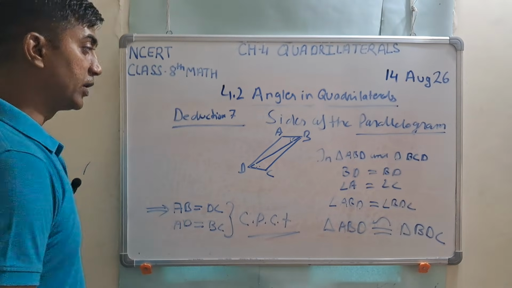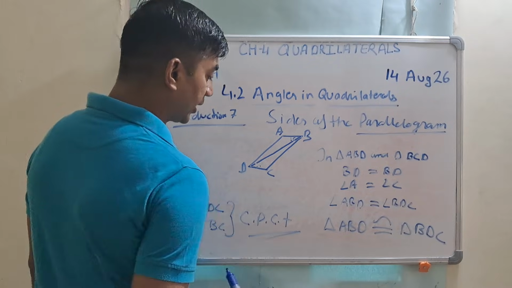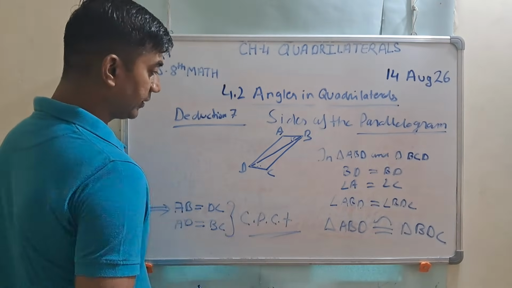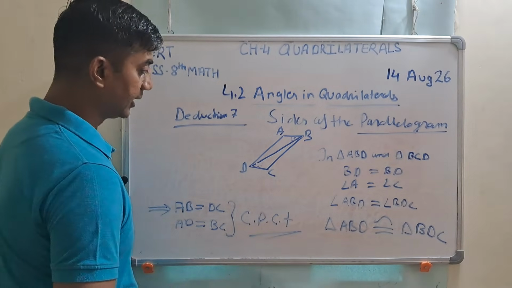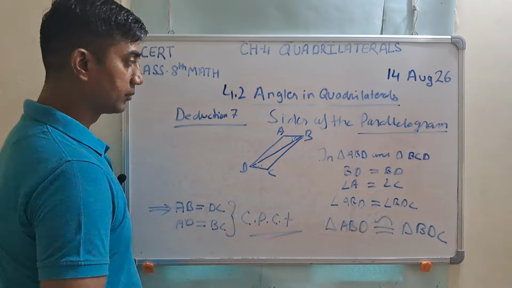Understood? So what is the relation between the sides of a parallelogram? We have found out by just joining one diagonal and proving the two triangles formed are congruent. We have concluded that opposite sides are equal.